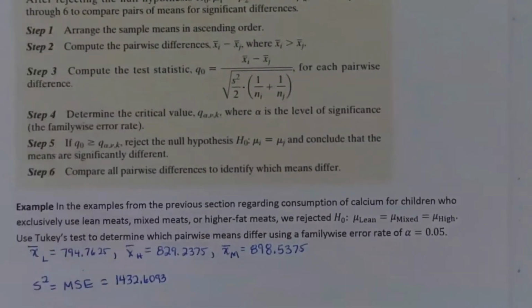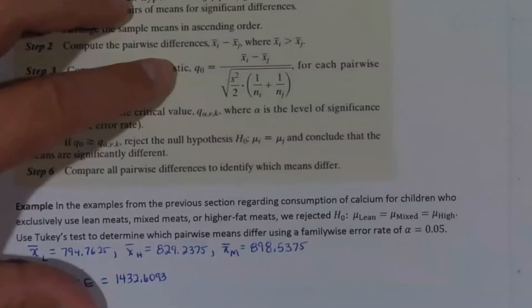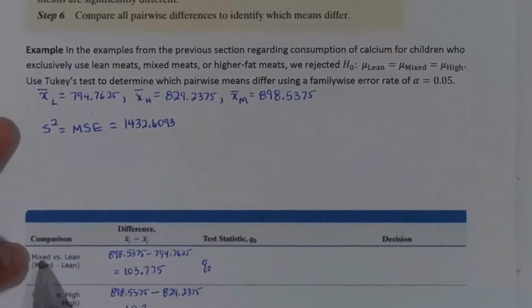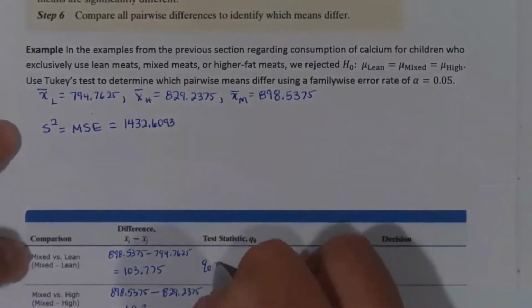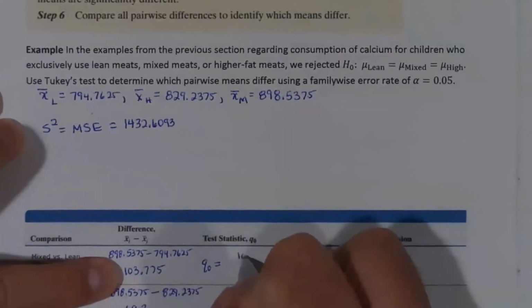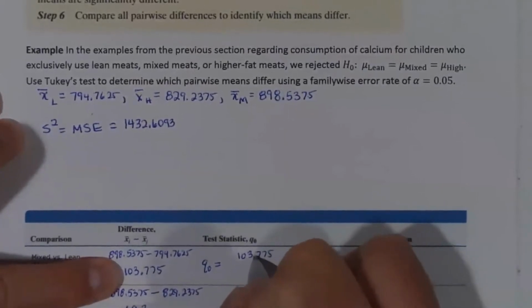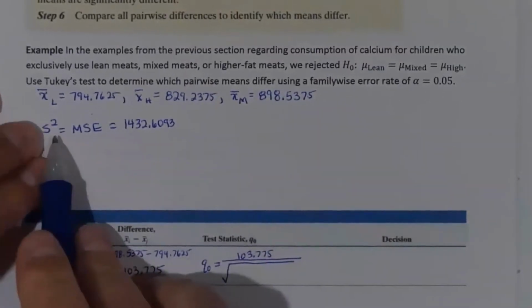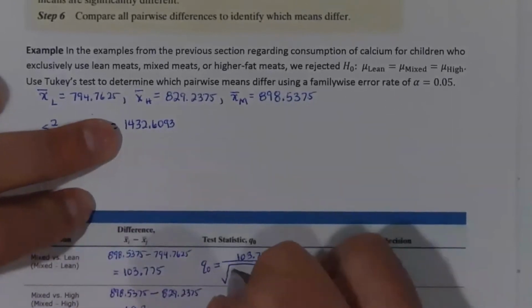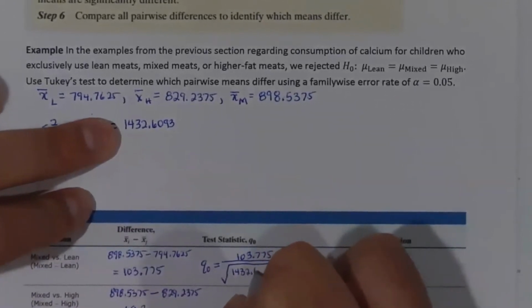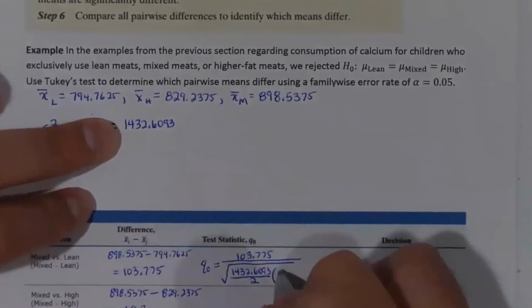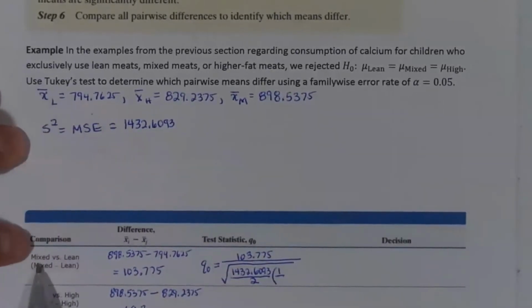So if I want to calculate Q naught for our first pair, again, comparing the mean of mixed meat to the mean of lean meat, then that's going to equal the difference, 103.775, divided by the square root of S squared, which is the mean square due to error, 1,432.6093 divided by 2 times 1 over the sample size for mixed meat.